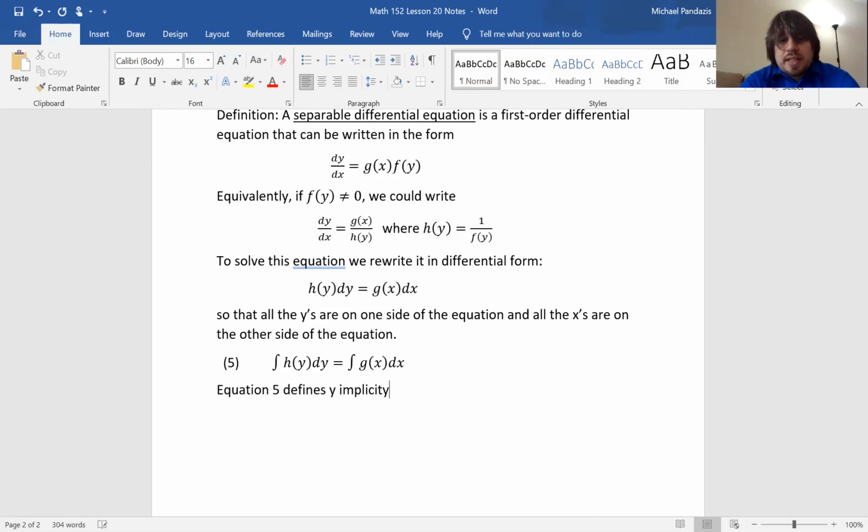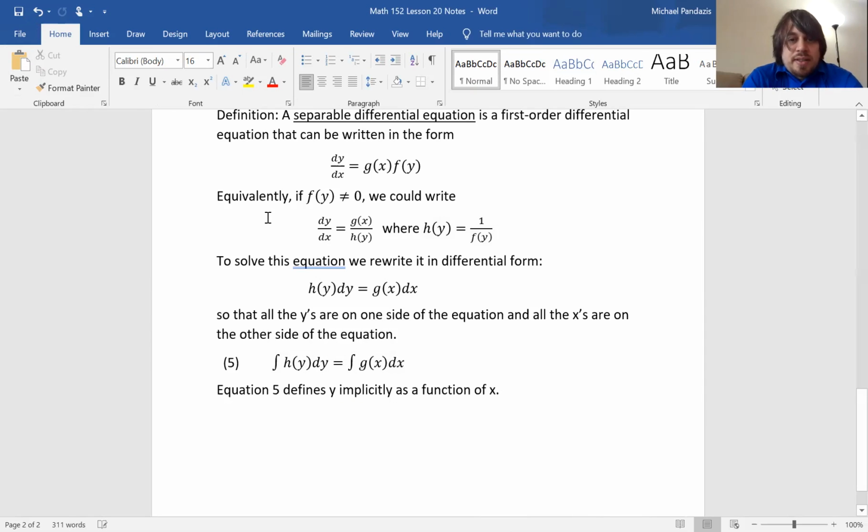Equation 5 defines y implicitly as a function of x. Explicitly would be, let's say, y equals x squared. Implicitly it would be like 3y plus 7 equals x squared minus 4.